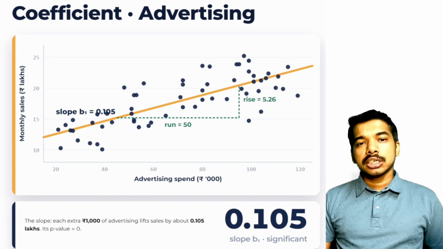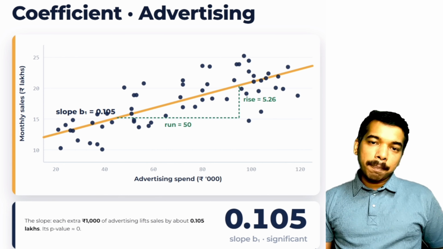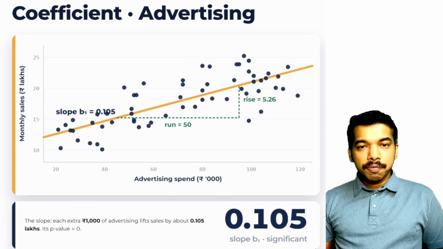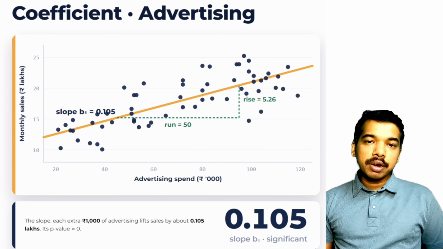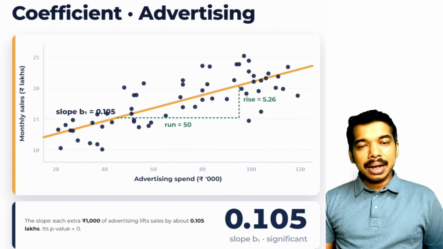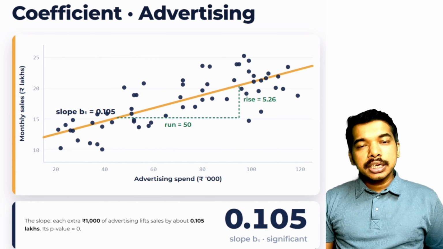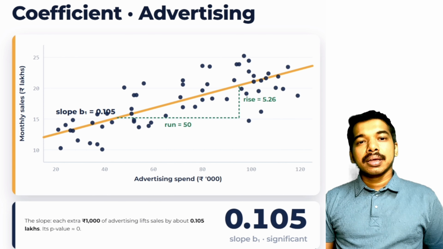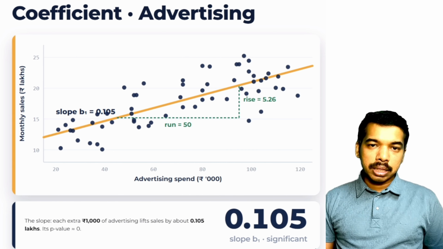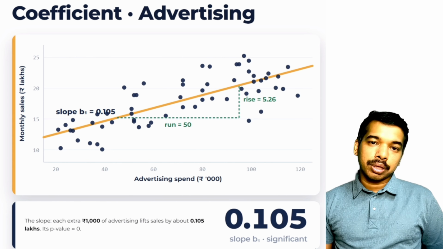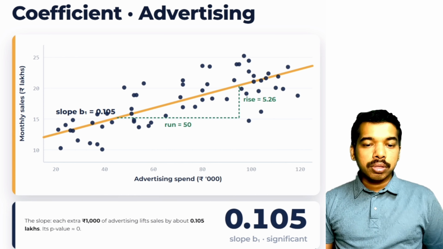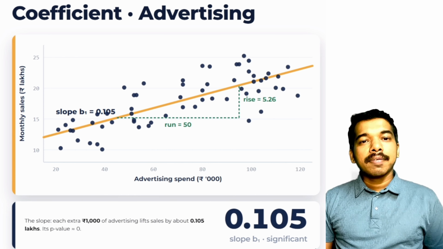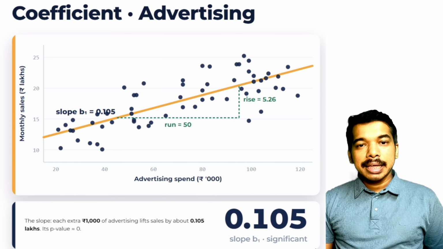In hypothesis testing, we have a decision rule. If the p-value of the coefficient is lesser than 0.05, we reject the null hypothesis. If it is more than 0.05, we accept the null hypothesis. Rejecting the null hypothesis means we conclude that there is a significant impact of ad spend on the sales. Accepting the null hypothesis means there is no significant impact of ad spend on the sales. So since it is lesser than 0.05, we can conclude that the model is significant.